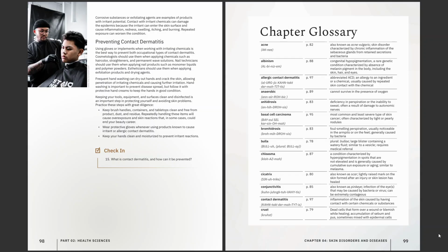Conjunctivitis, also known as pink eye, infection of the eye or eyes that may be caused by bacteria or virus, can be extremely contagious. Contact dermatitis, inflammation of the skin caused by having contact with certain chemicals or substances.